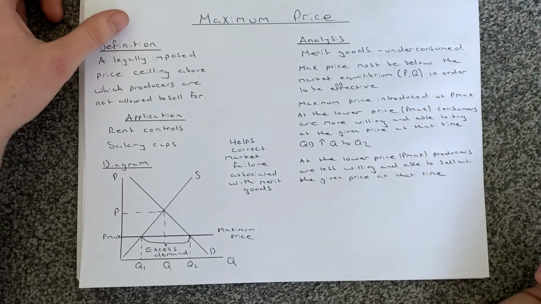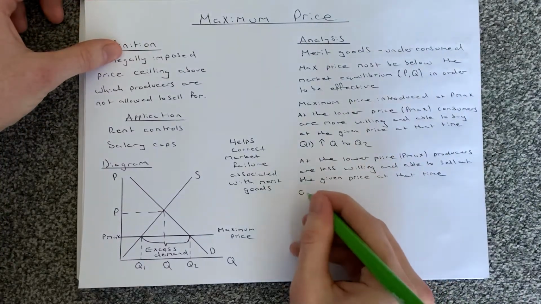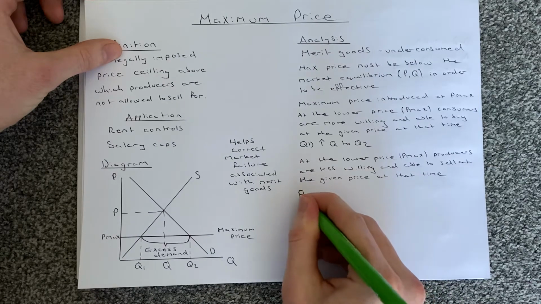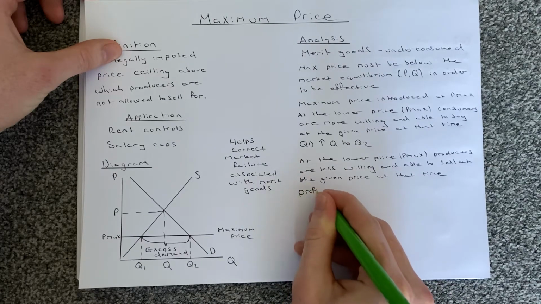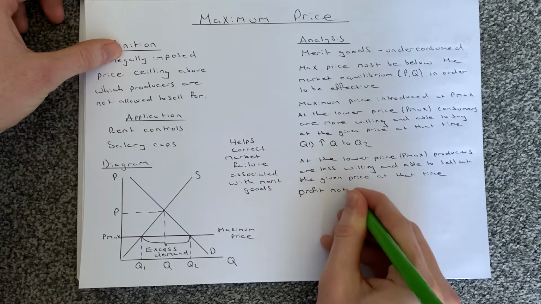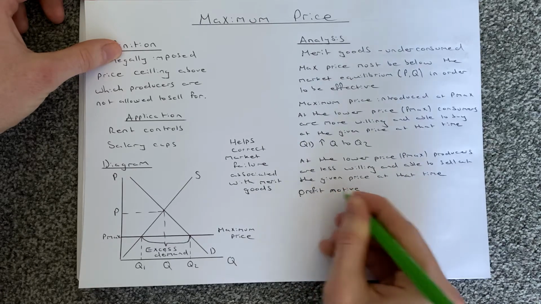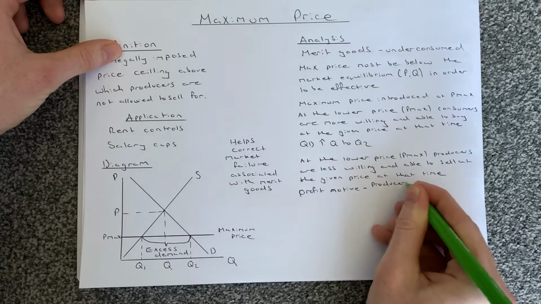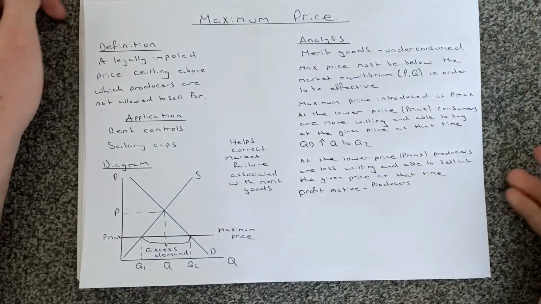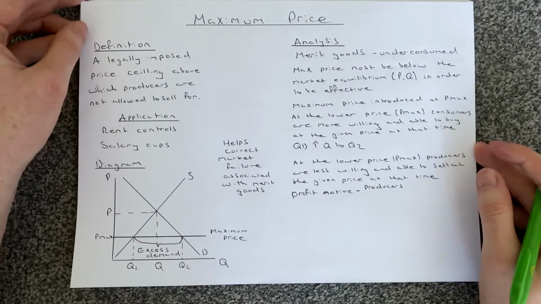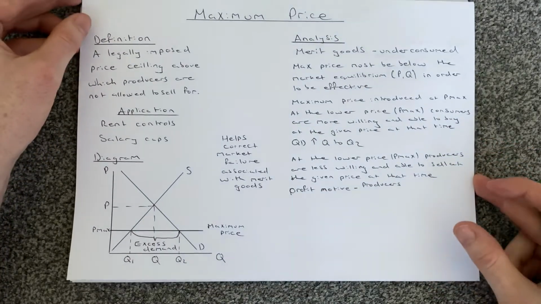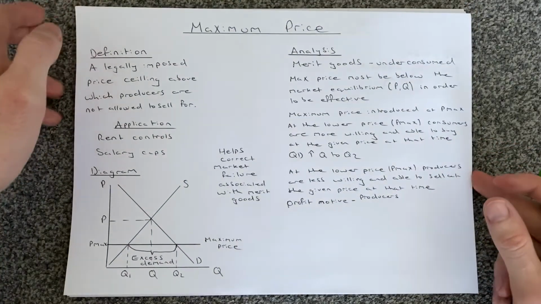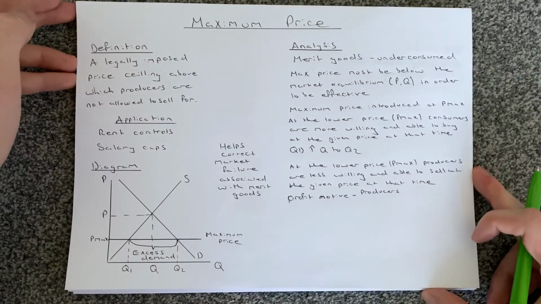And this is obviously due to the profit motive, because producers would reallocate their resources elsewhere to more profitable business ventures. So they'd put their resources into producing something where they can make a far greater profit.